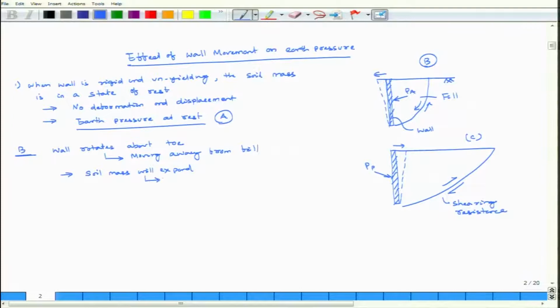So it results in a decrease in earth pressure, and mobilization of shearing resistance in a direction opposing the movement of the earth mass.